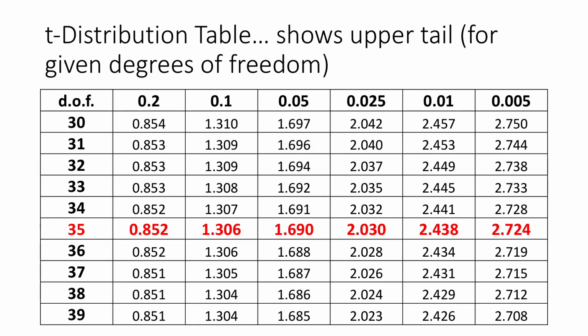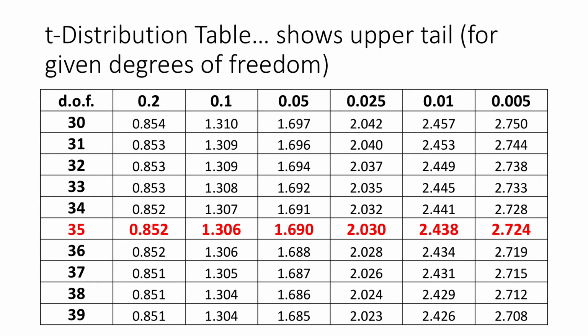So we'll go to our t-distribution table, which shows us the area under the curve in the upper tail. Let's go down to 35 degrees of freedom, and we're looking for a value of 2. So if you go across that row, you see 0.852, 1.306, 1.690, 2.030, and then 2.438, and finally 2.724.